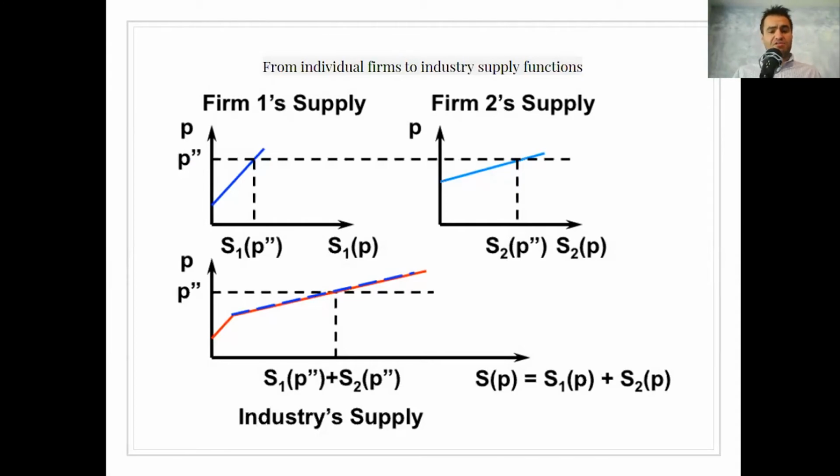So the industry supply curve is a mixture of the red and blue curves, a mixture of the different slopes of the two individual supply curves. And this happens because in real life, if there were only two firms at this new price segment between P prime and P double prime, all the units in the industry being sold to consumers would be the sum of the units of firm 1 and the units of firm 2. So this is literally what's happening, as the graph shows at the bottom of the screen.